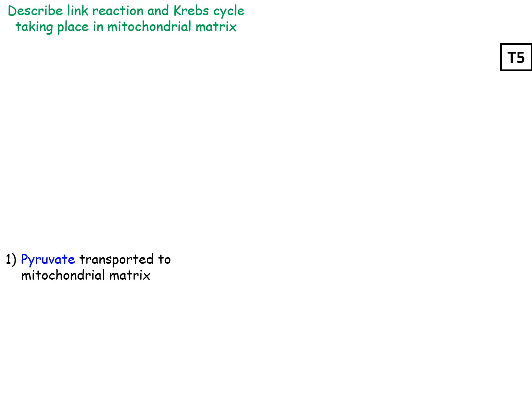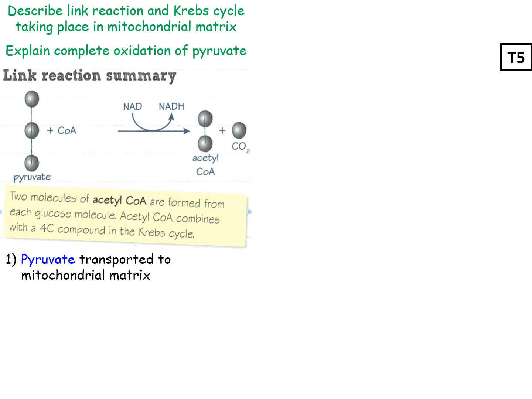When there is enough oxygen available, the pyruvate produced from glycolysis is transported to the mitochondrial matrix. And the mitochondrial matrix is where the link reaction and Krebs cycle occur. So we want to explain the complete oxidation of pyruvate.